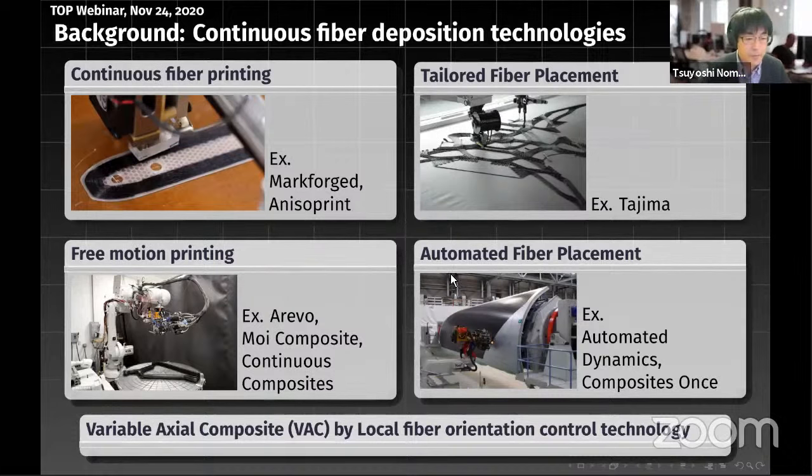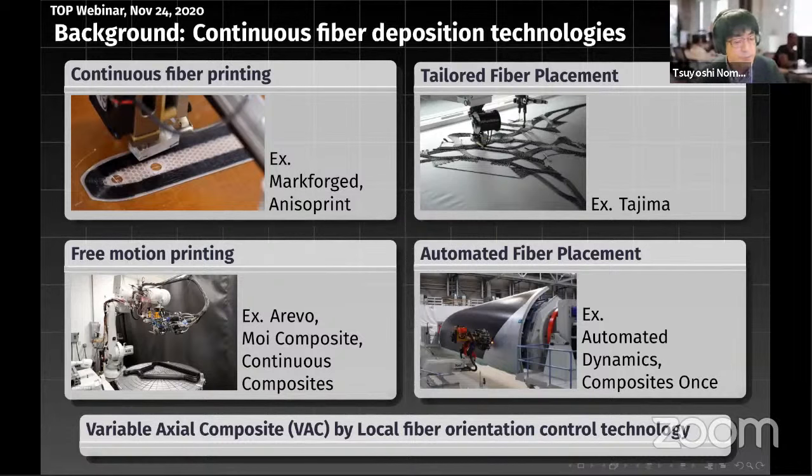The last one is automated fiber placement, or tape placement, a very well-established technology sometimes used to fabricate passenger airplanes. These technologies fabricate composite materials that allow local control of the fiber orientation, and that kind of composite is called variable axial composite.